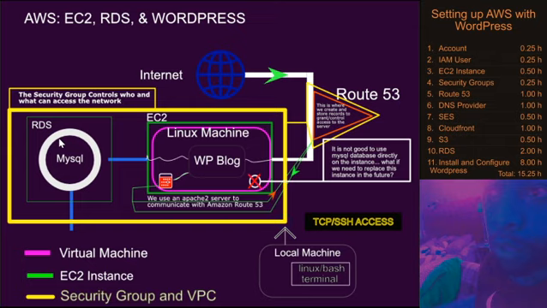If you're smart, you just go ahead and do your DNS with AWS, so that everything is fast. Because if you use another DNS provider, it could take a day or two for things to propagate, depending on where you're at in the world.